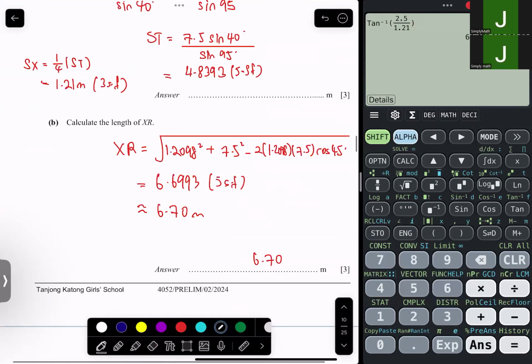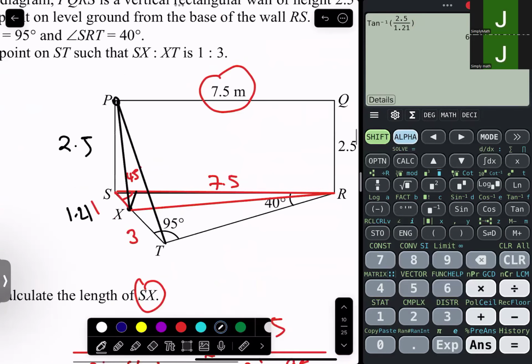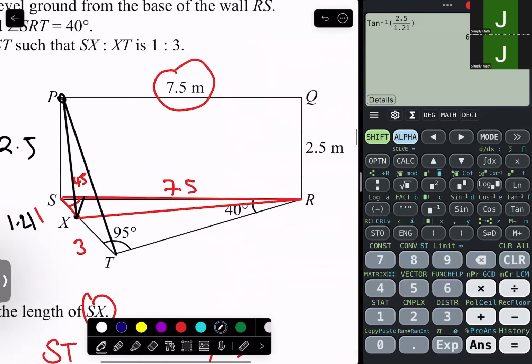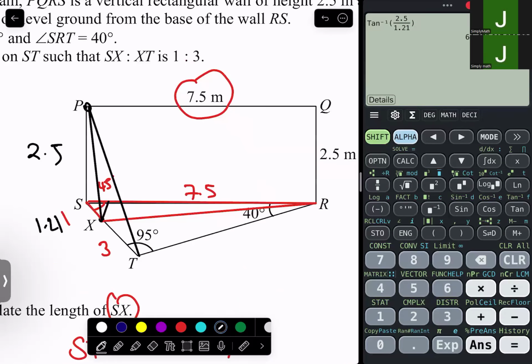Now, that means that we know the distance must be the shortest, correct? Along PQ. Now, PQ is also SR, correct? So since the distance must be the shortest, it also means that from X to a point along S and R, the distance must be the shortest. Now, this is evidently the longest, right? But you can see that as I move, it will be shorter, shorter, shorter.